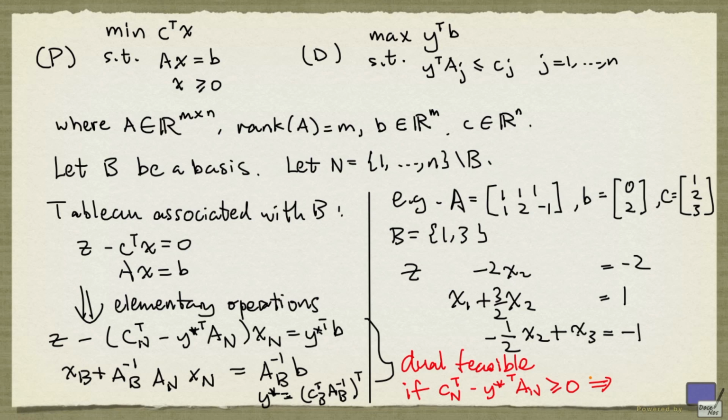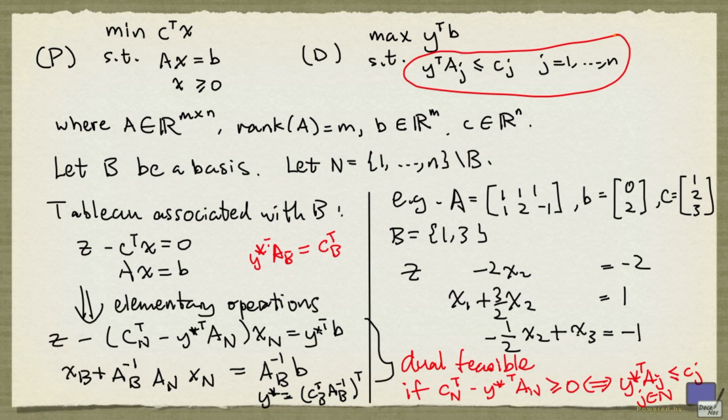But this can be rewritten as y star transpose A_j less than or equal to c_j for all j in N. And now, since y star also satisfies y star transpose A_B equals c_B transpose, that means y star satisfies all the constraints in the dual.